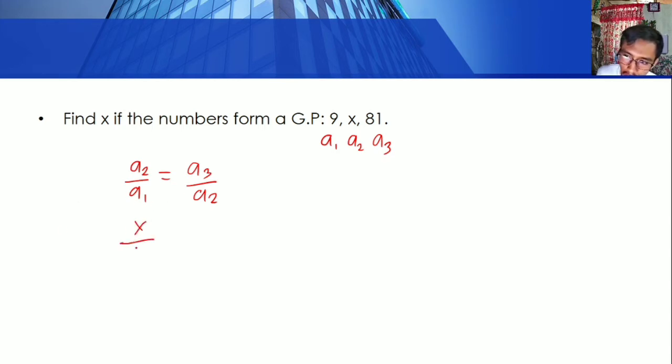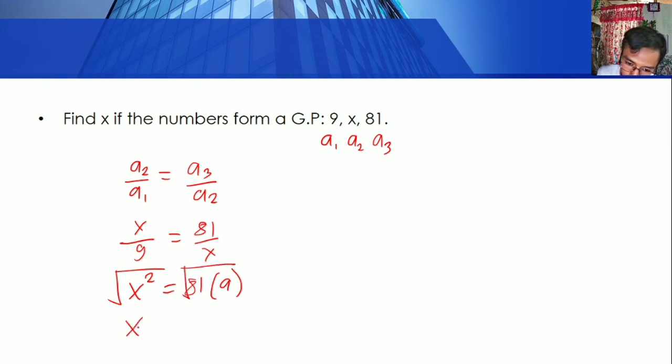So, x over 9 is equal to, so A3, 81 over x. So, cross multiply. X raised to 2 is equal to 81 times 9. Therefore, square root. So, x is equal to the square root of 81 times 9 is equal to 27.